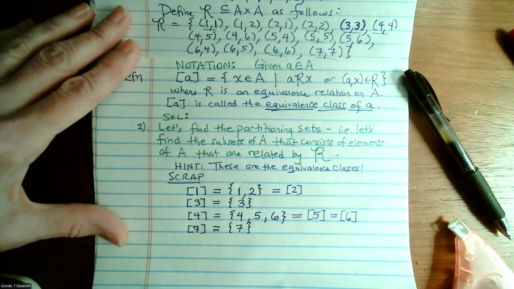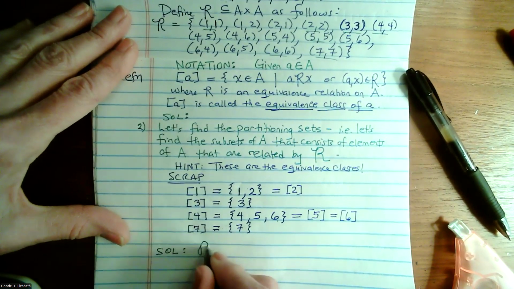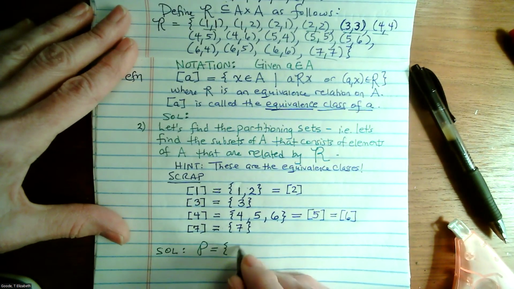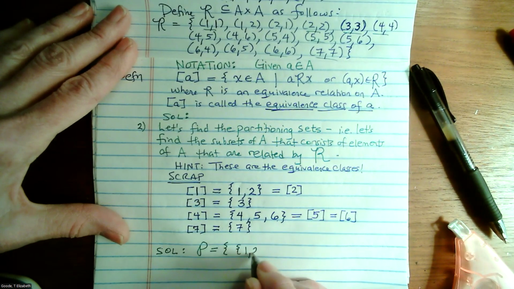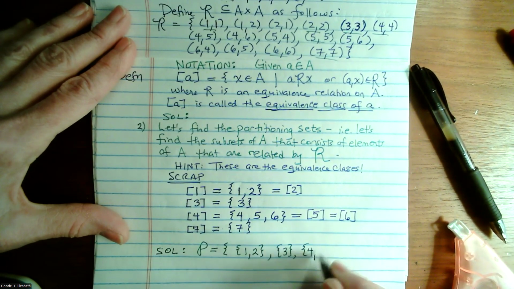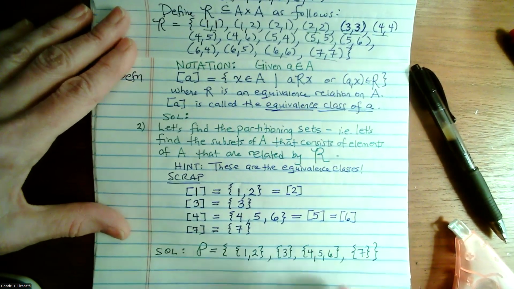So finally, we are ready to write our solution. We have found the partition. We'll call it curly P. It's a set of subsets. We've got the subset that's got 1 and 2 in it. We've got the subset that has 3 in it. We have the subset that's got 4, 5, and 6 in it. And we have the subset that has 7 in it. And then we close up the big set brackets.